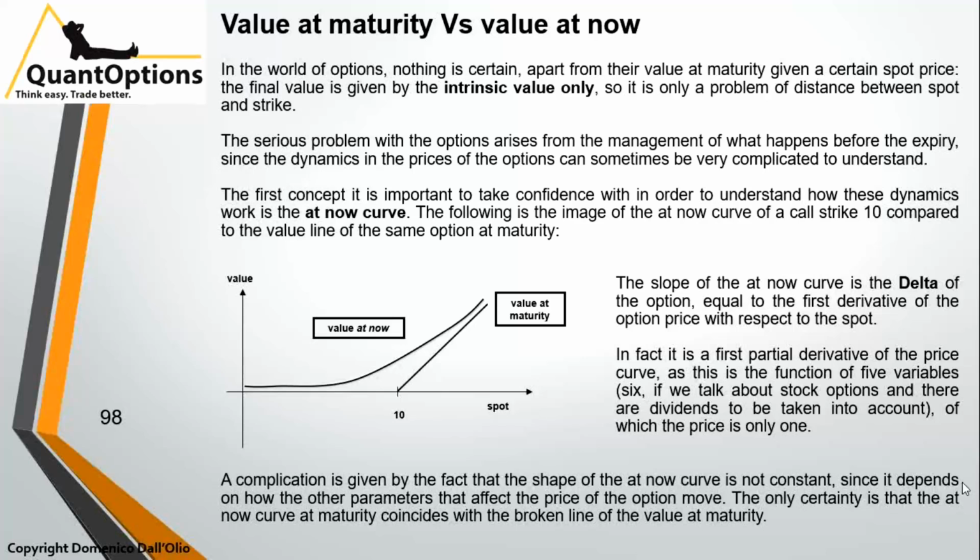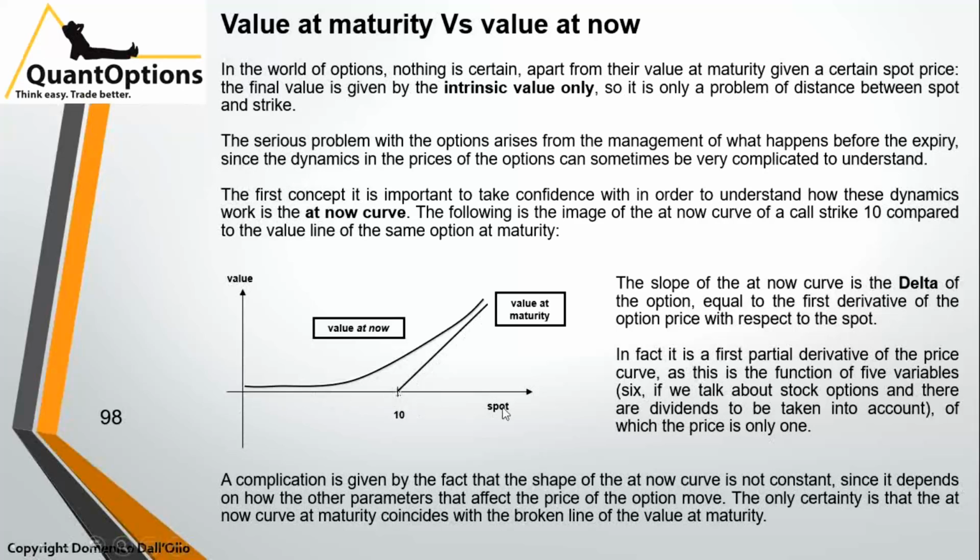The first concept it is important to take confidence with in order to understand how these dynamics work is the at-now curve. The following is the image of the at-now curve of a call strike 10 compared to the value line of the same option at maturity. This one is the value of the option at maturity.